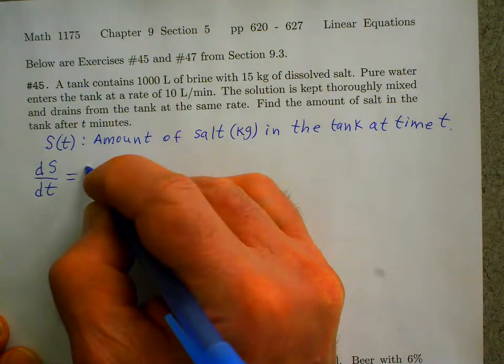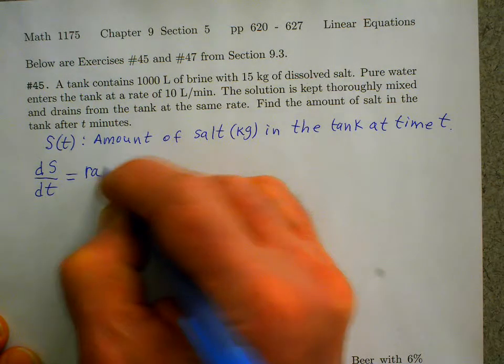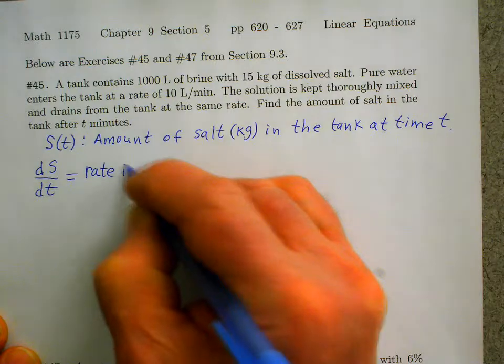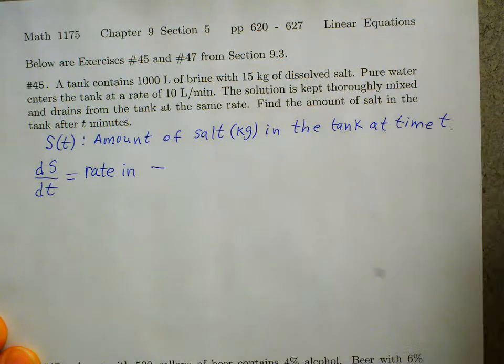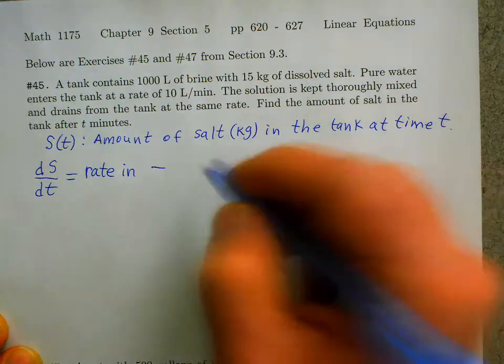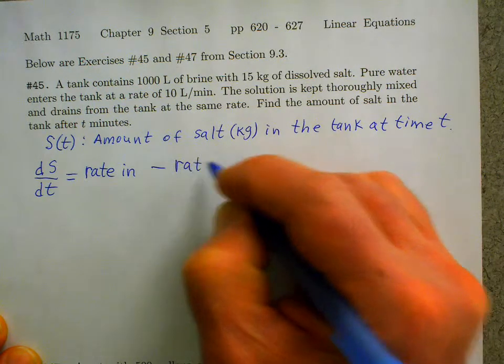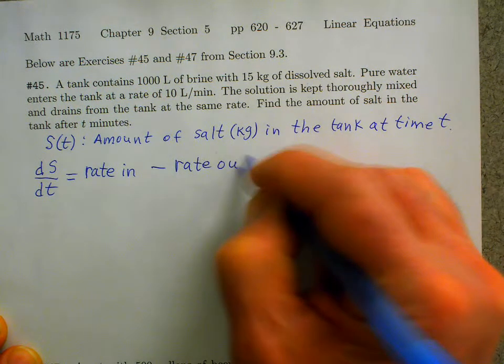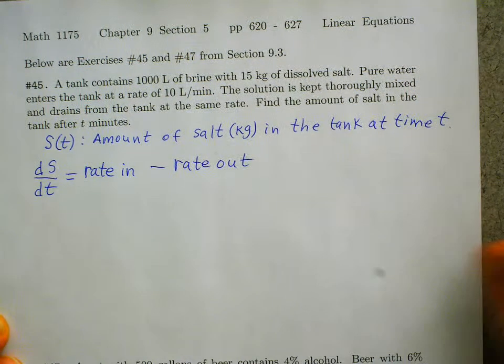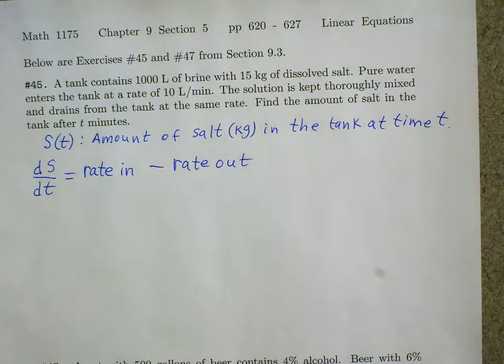So there's a rate of salt coming in, being pumped into the tank, and then there's a rate that measures how fast it's being pumped out. Right? Rate in minus rate out.